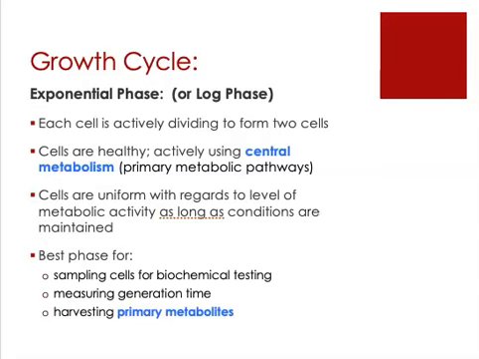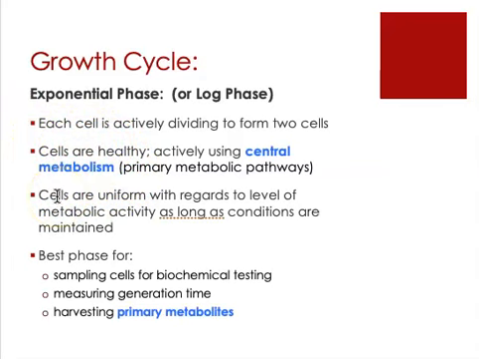They are healthy, they are metabolically active, they are using what we call their central metabolism at this point. This is early on in the culture, so if everything's going well, there's plenty of nutrients in there. All of those cells are able to go through binary fission with no problem at all. They're going to use the kind of metabolic pathways that they prefer to use.